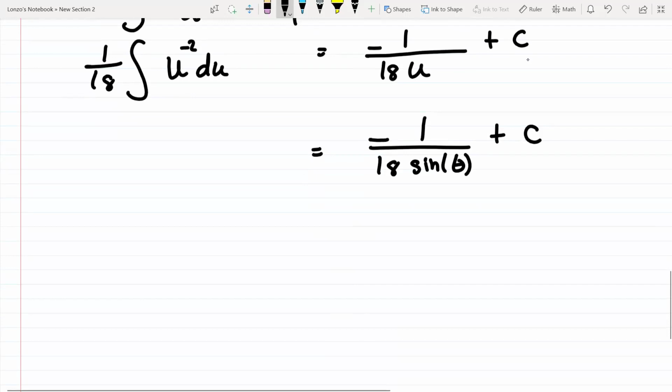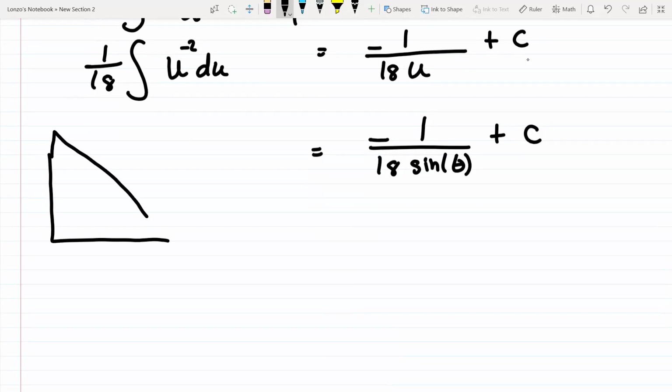Let's draw our right triangle and put theta here. Remember we said that our x value was 3/2 secant theta, correct? If you forget, you might have to rewrite the SOHCAHTOA.